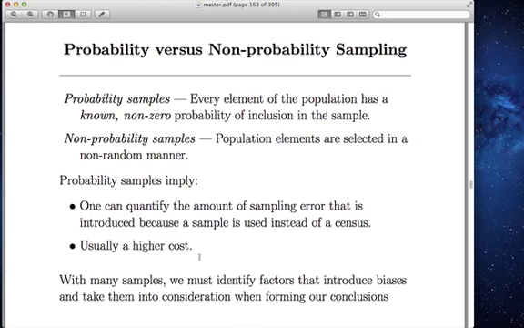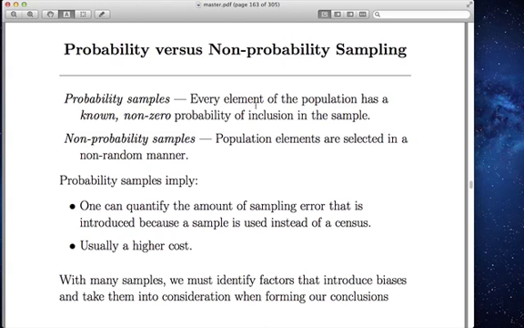Moving on. There are really two types of samples to a statistician. A statistician is going to divide samples into probability samples and non-probability samples. And this is a real critical distinction. So a probability sample is something slightly different than we've talked about so far.